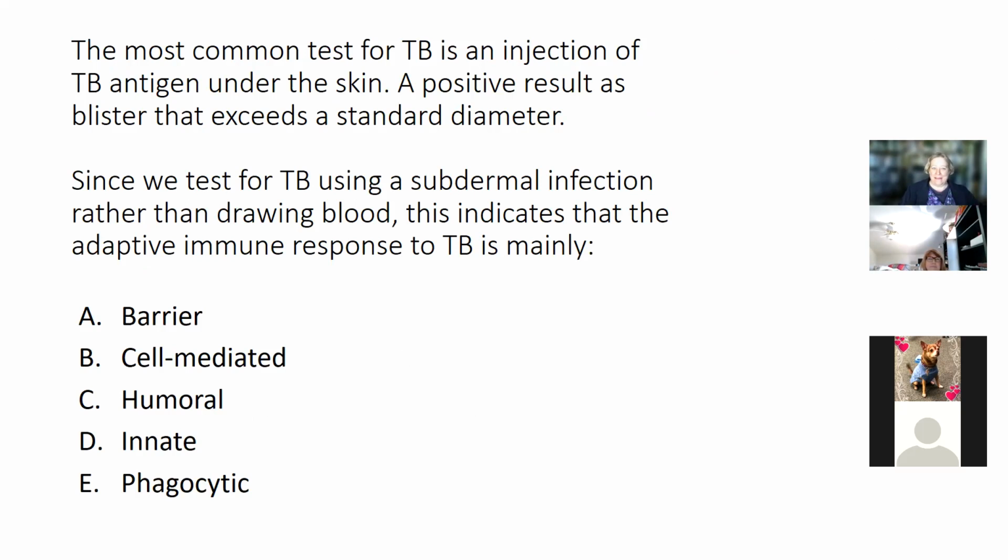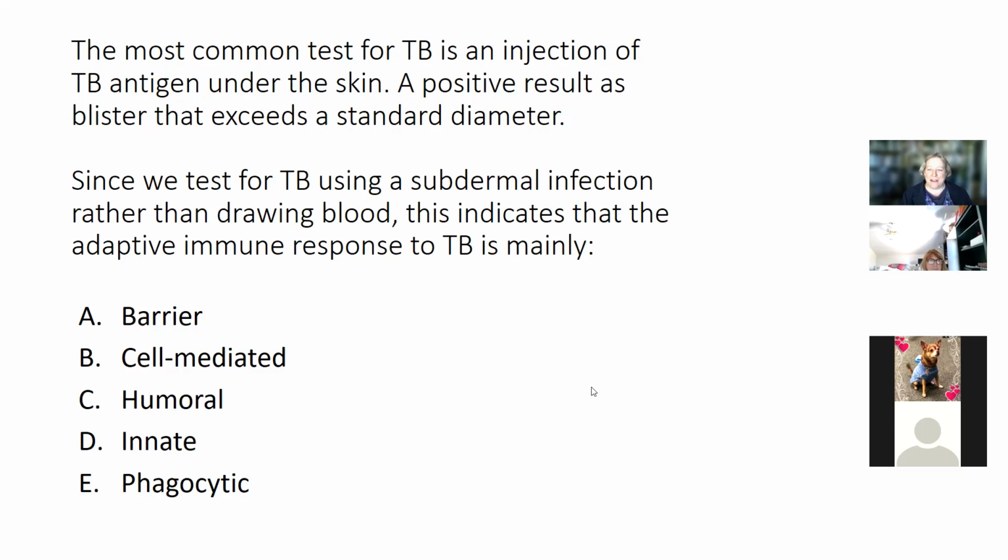It's called a subdermal injection, and then they have you come back 3 days to a week later, and they measure the size of any immune response. If you have a wheal or a blister that is above a certain size, then they say that's a positive result, and they send you off for chest x-rays, looking for actual tubercles in your lungs.